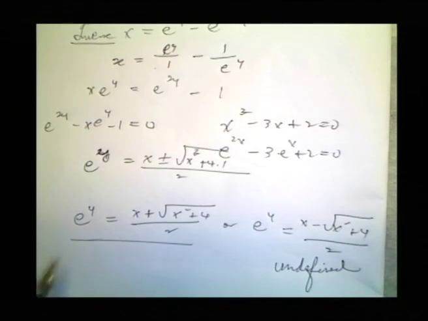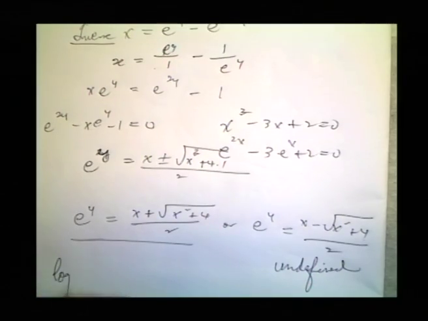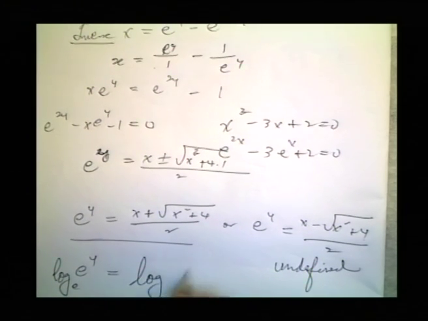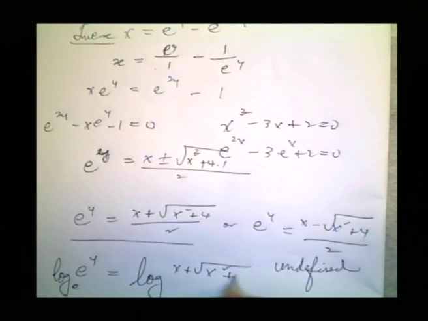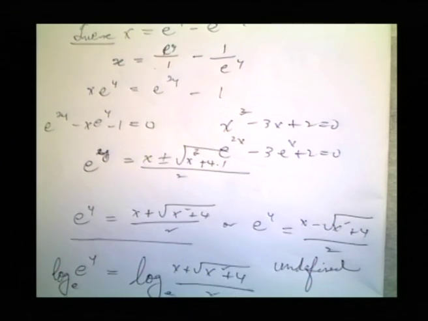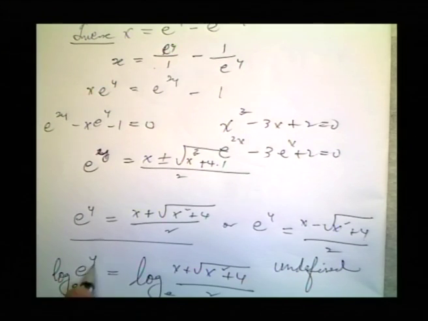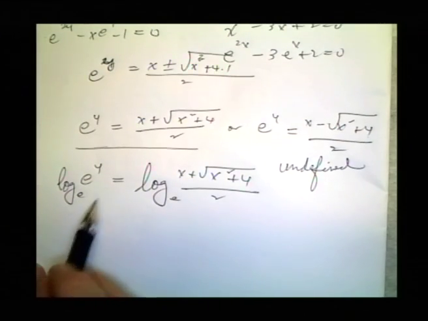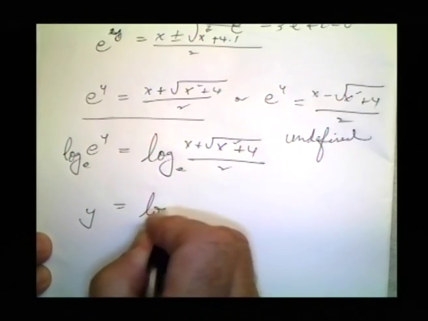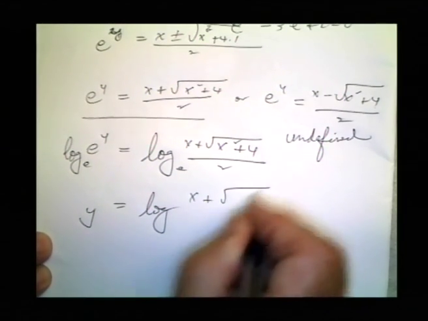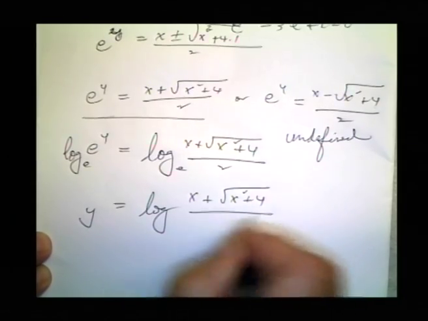That's your answer. Now we haven't made y the subject, and one easy way is take the log of both sides. So if you take the log of e to the y to the base e, it is the log of all of this, x plus the square root of x squared plus 4 over 2, to the base e. The log of e to the y to the base e is y, and the answer becomes y equals the log of x plus the square root of x squared plus 4 over 2.